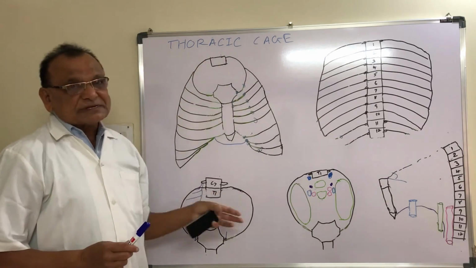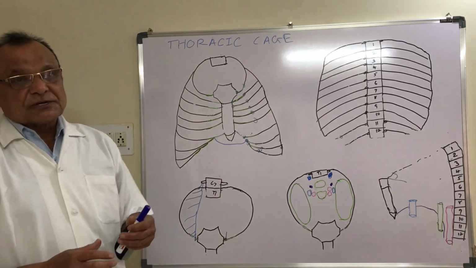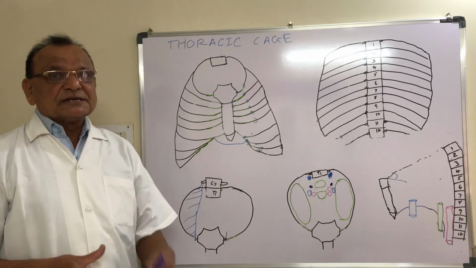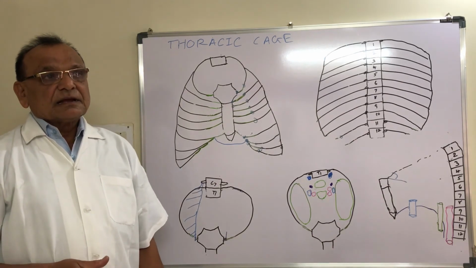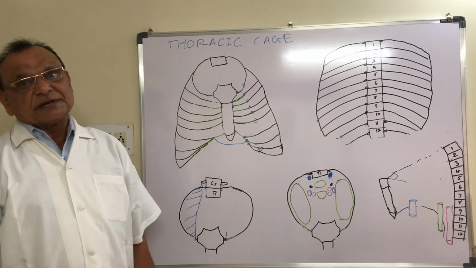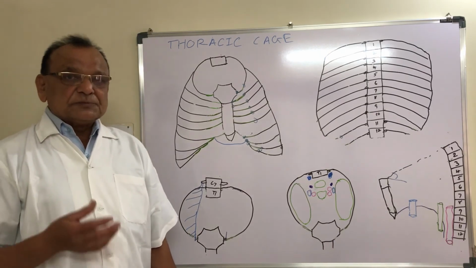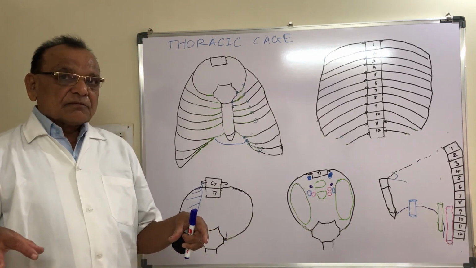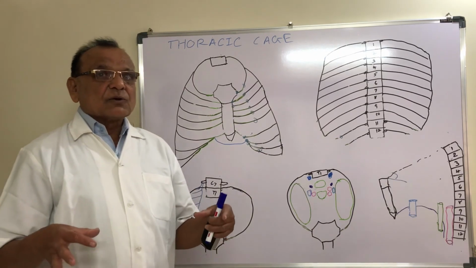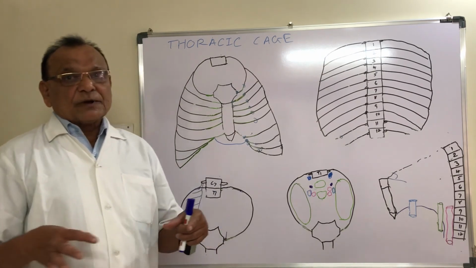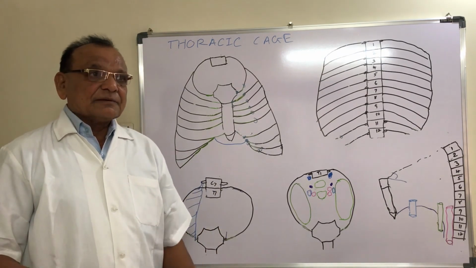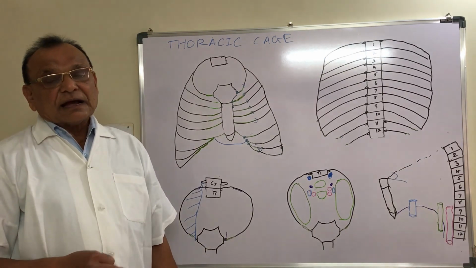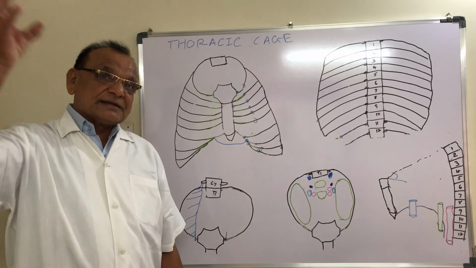Now you know that the thoracic cage takes part in respiration. Respiration occurs in two phases, inspiration and expiration. During inspiration the ribs go outward, and during expiration the ribs go inward. When the ribs go outward, the intrathoracic pressure is decreased, and that is why air from outside enters.